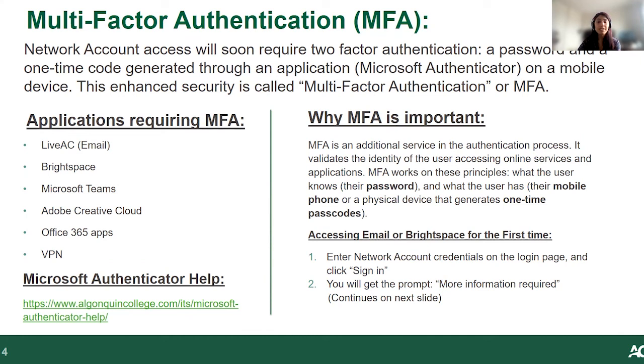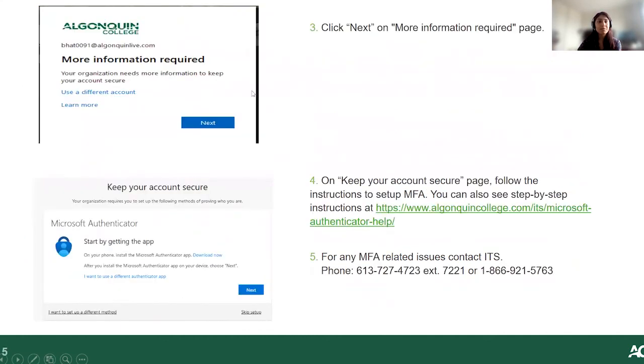How will you configure MFA? When you try to access your email or Brightspace, it will prompt for your network user ID and password. As soon as you click on Sign In, it will give you the option More Information Required. You will see a screenshot, left-hand side top, More Information Required. On this page, you have to click Next.